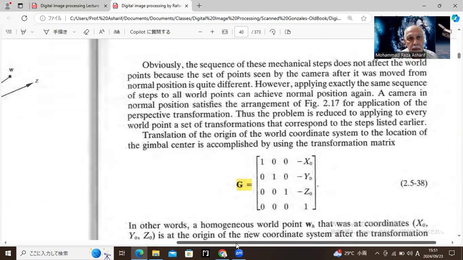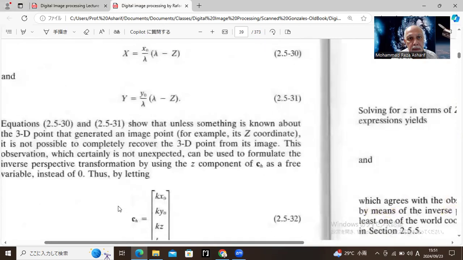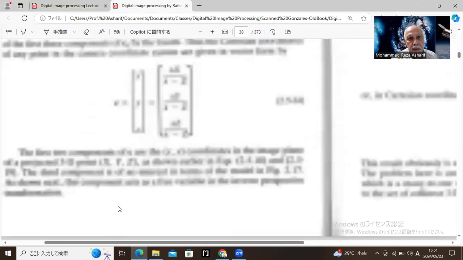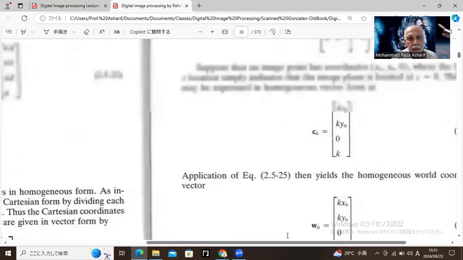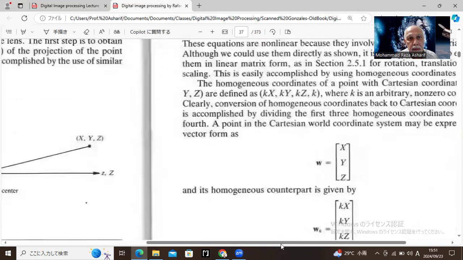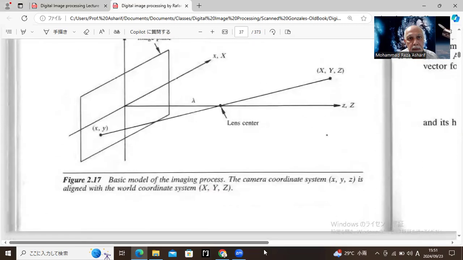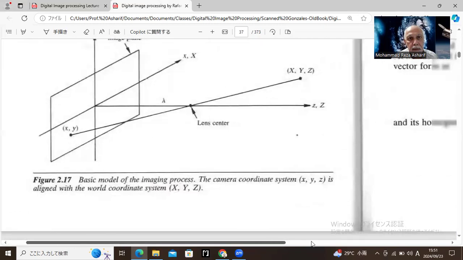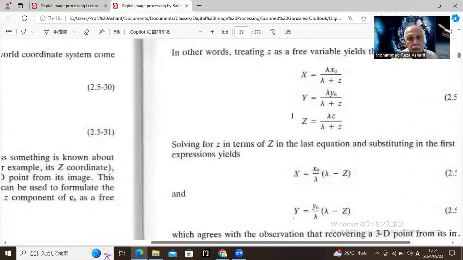Figure 27, let me see here, 27. Yeah, it's back there. Okay, this is the image coordinate and so on.